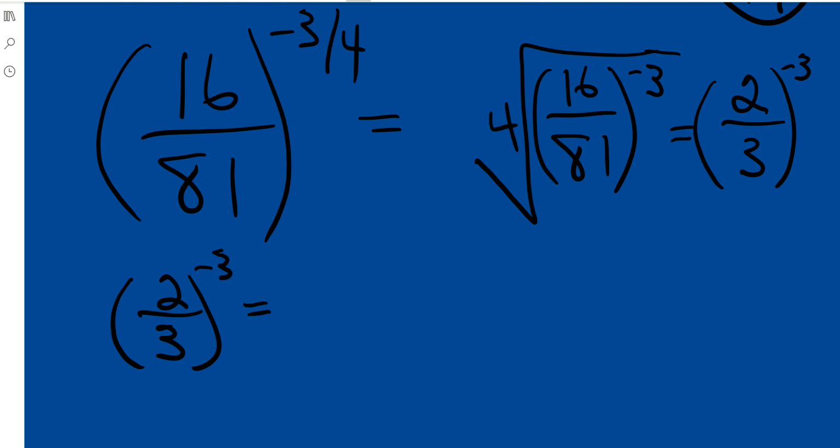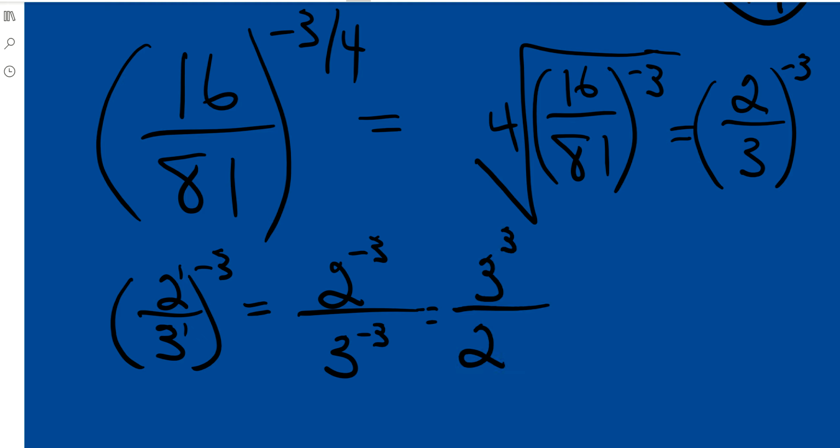And now I can use the power rule and distribute the negative 3 to the exponents on the fraction 2 over 3. All right, so this is going to look like 2 raised to the negative 3 over 3 raised to the negative 3. And now I want to get these to be positive, so I'm going to flip them, and this is going to be 3 to the third power over 2 to the third power.